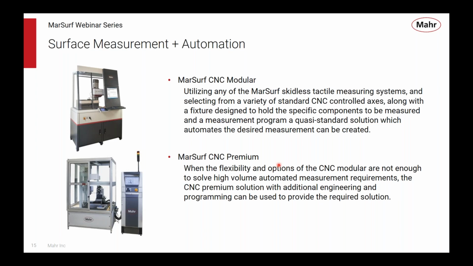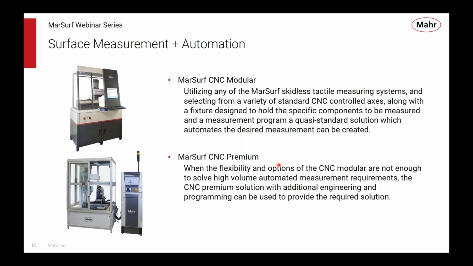When that's not enough, when the flexibility required is too much, or the complexity of the parts and the number of features to be measured is just too complex, we offer CNC Premium, which allows us to use really all kinds of different sizes and configurations of CNC axes to automate a measurement and turn a part around every which way to get into all the holes and nooks and crannies and grooves, and everywhere you want to get to on the part to measure the surface finish.